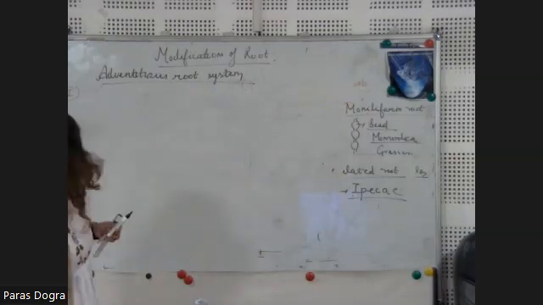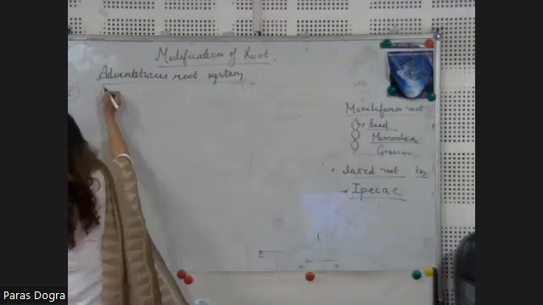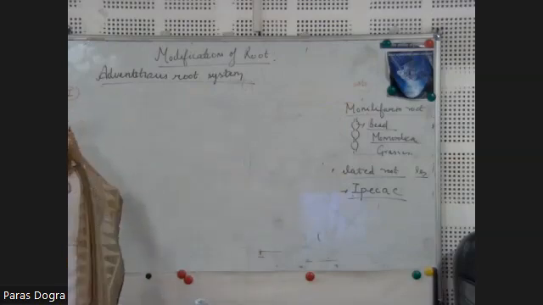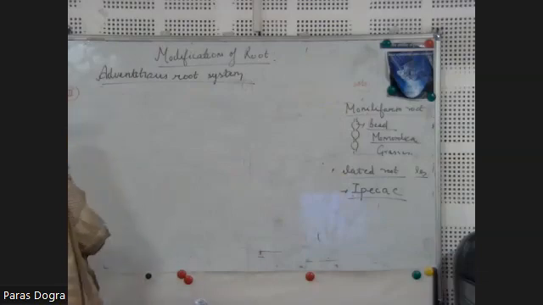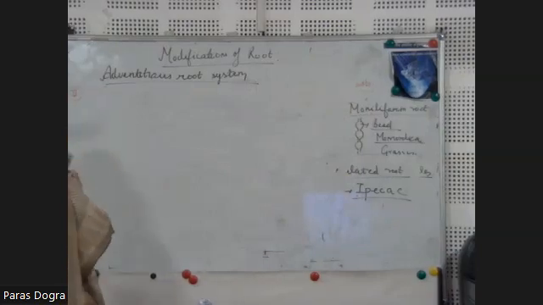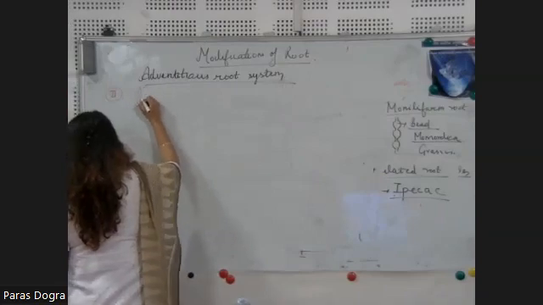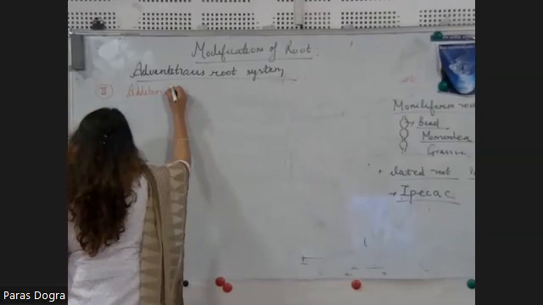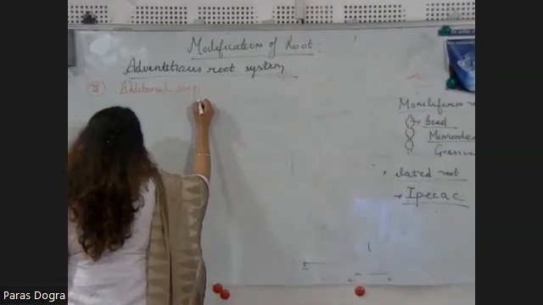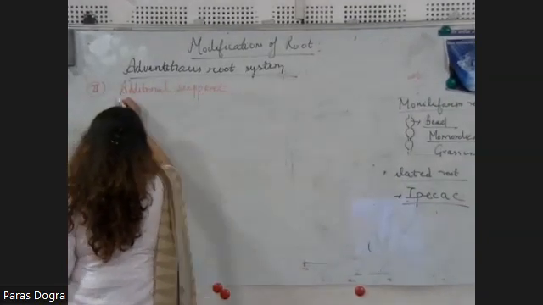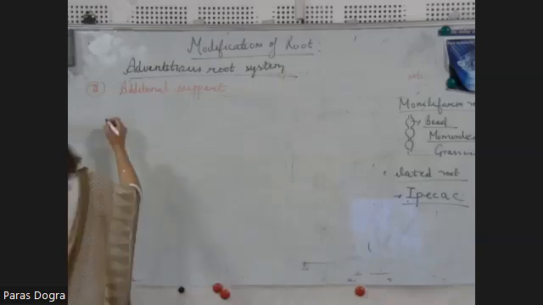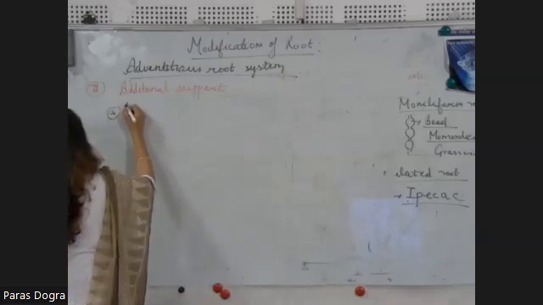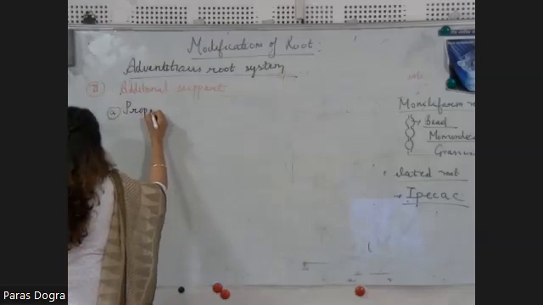So here we will be dealing with the second category. The first was for storage, and this one is for additional support. At times, the adventitious root gives additional support. The very first category here is prop roots.